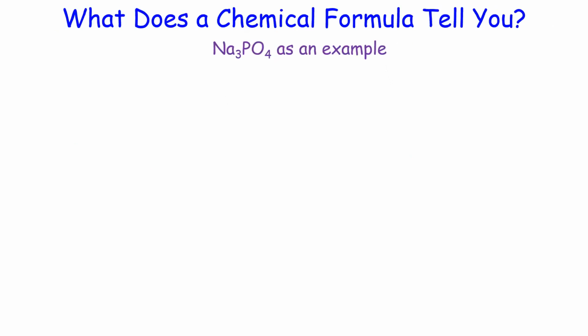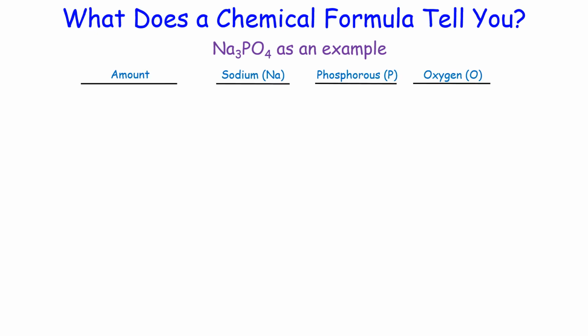Now let's take a look at what kind of information we can obtain from a chemical formula. So we use sodium phosphate as an example. The first column is different quantities, and the next 3 columns are simply the 3 elements in this compound.